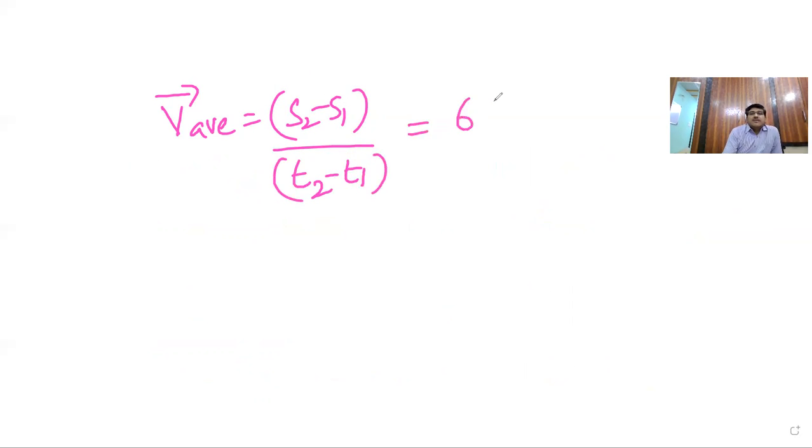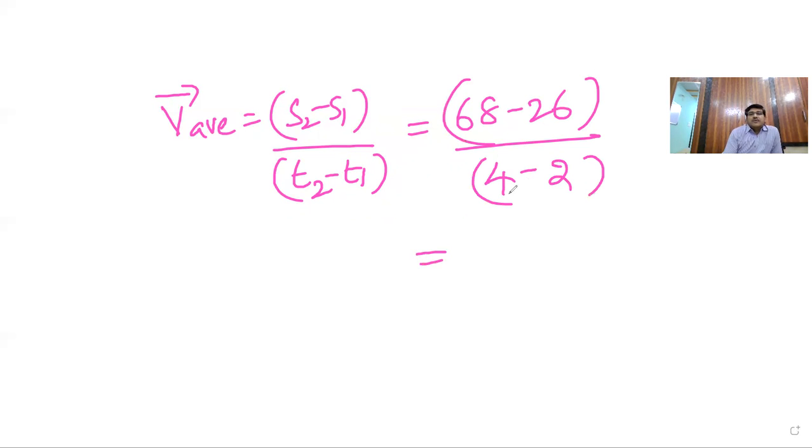That is 68 meters minus 26 meters by T2 minus T1, where T2 is 4 seconds and T1 is 2 seconds. 68 minus 26 is 42, 42 by 2, so 21 meter per second is the average velocity.